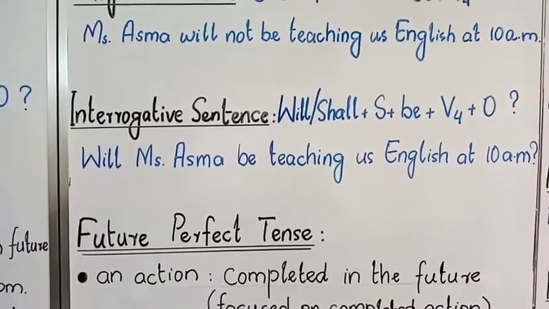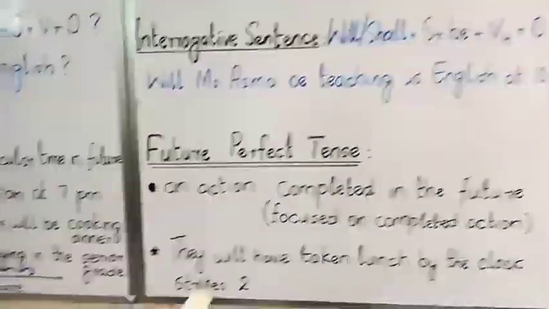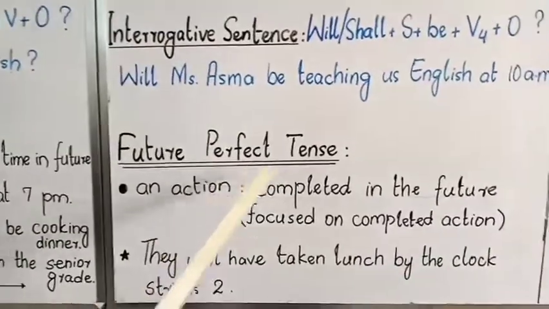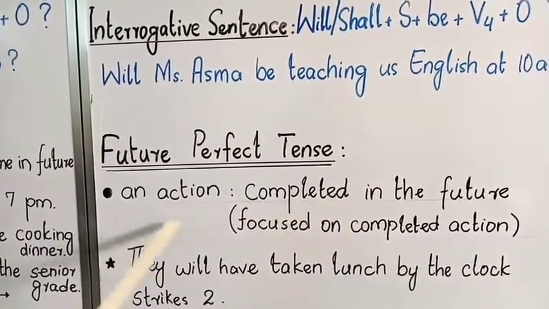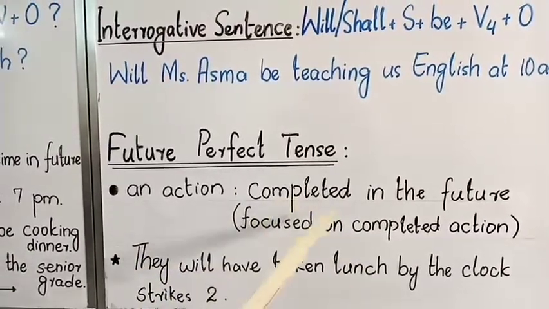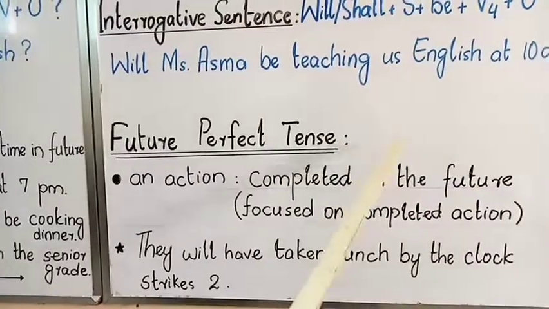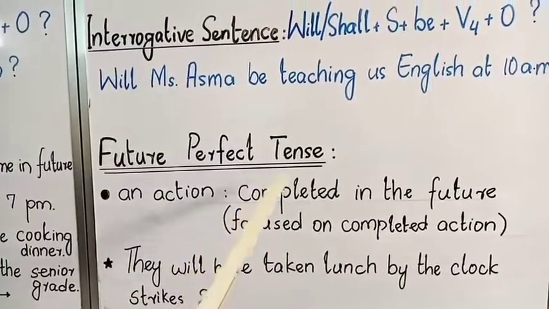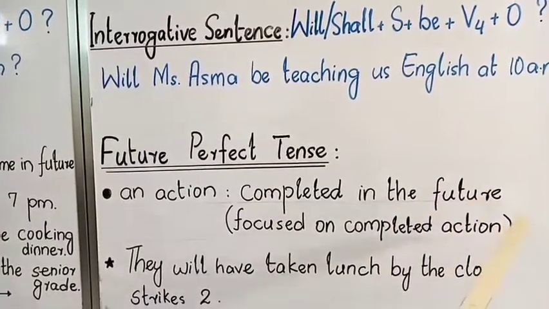So come to the future perfect tense. Future perfect tense shows or tells about an action that will be completed in the future. Future perfect tense is telling us about an action that will be completed, that will finish in the future.